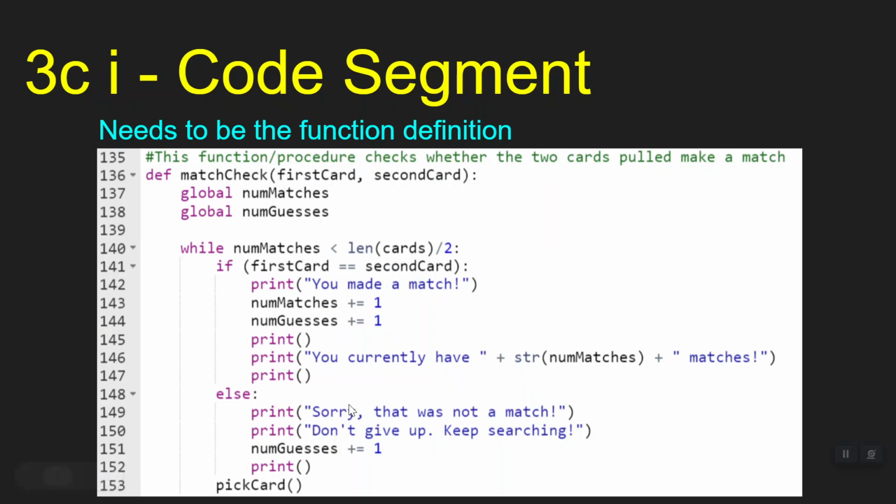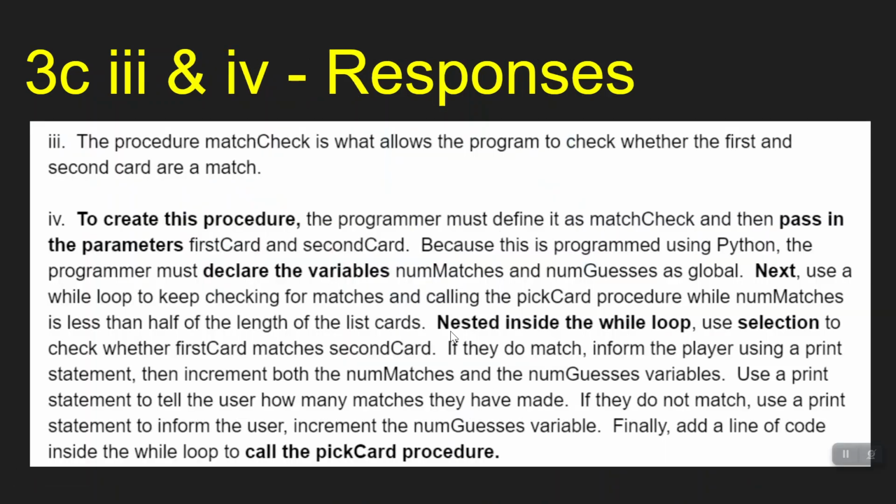Now I need to describe the selection and what's happening inside my selection. So nested inside the while loop, use selection to check whether the first card matches second card. If they do match, inform the player using a print statement, then increment both num matches and num guesses variables. Use a print statement to tell the user how many matches they have made.